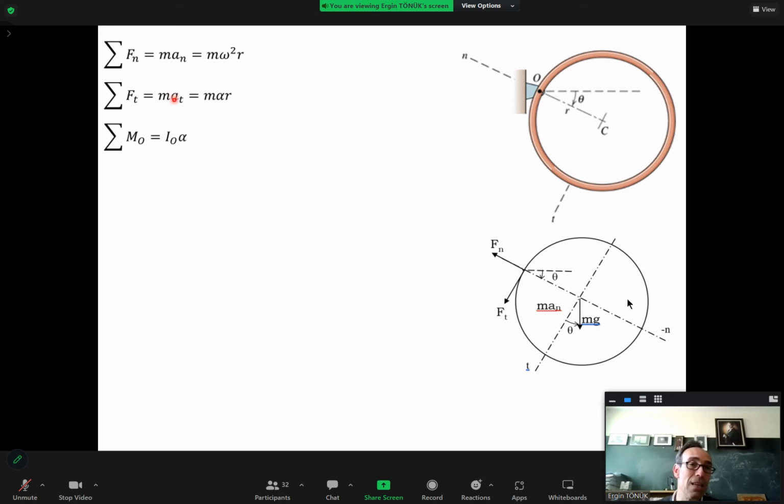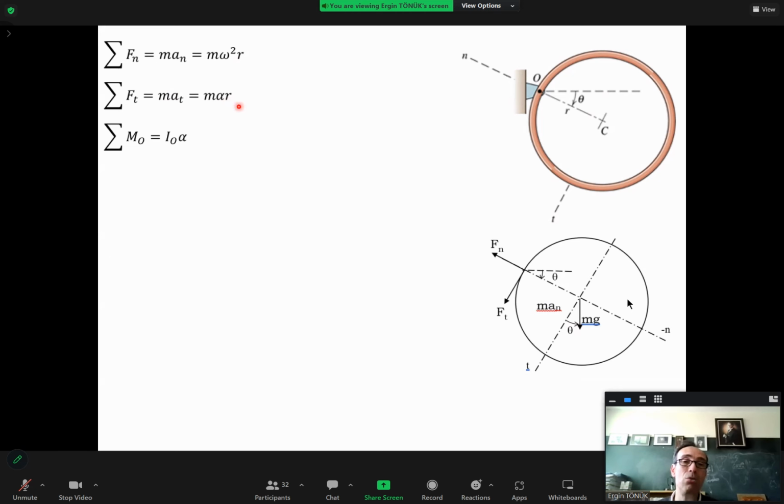Although it's not stated explicitly, it is so. So actually, for point C, the normal acceleration is omega square r of the ring, and the tangential acceleration is alpha of the ring times r. Okay? And they're in positive direction.